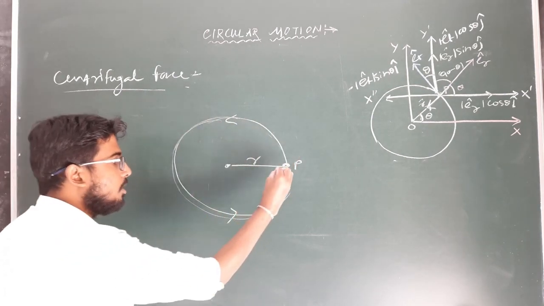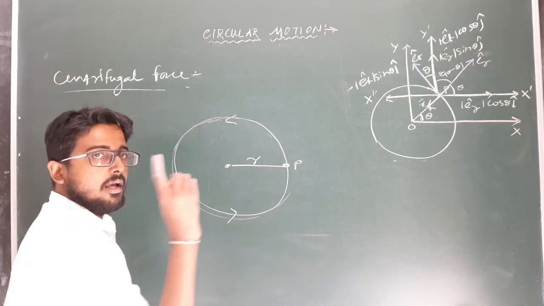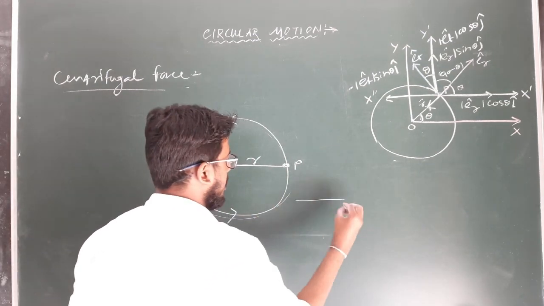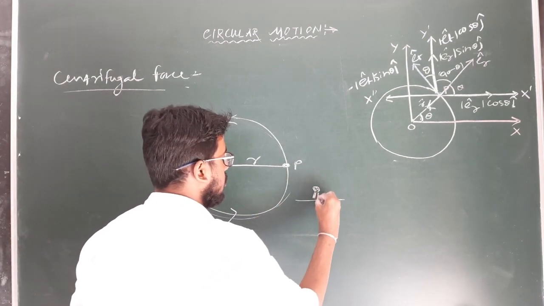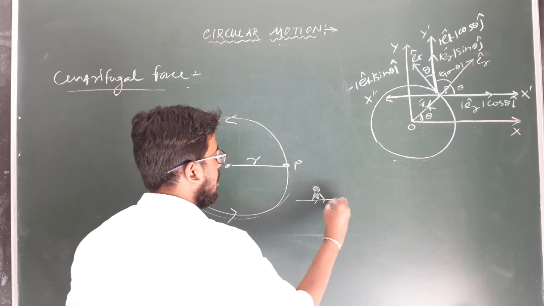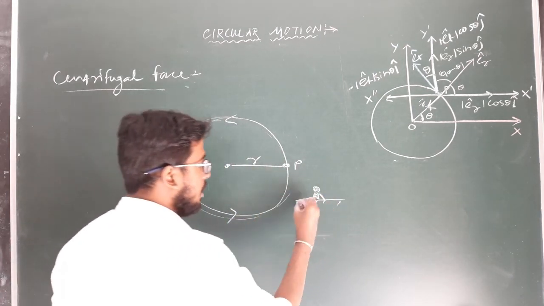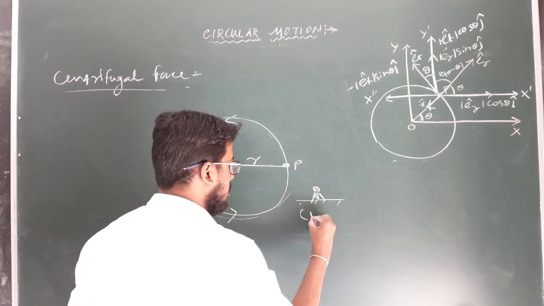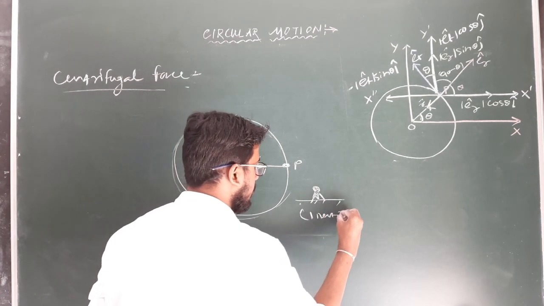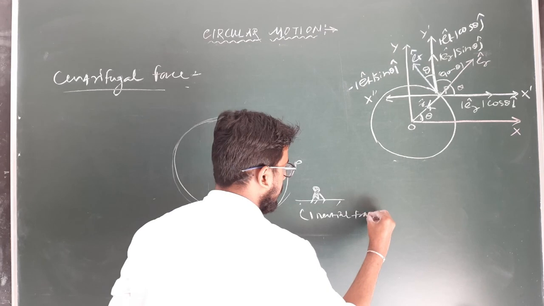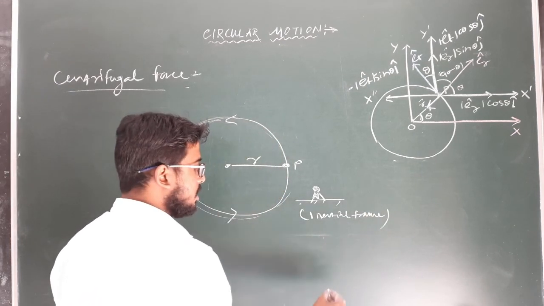So when we observe the motion of this particle from a reference frame which is inertial, if an observer is standing on the ground and observing the circular motion of this particle P, the ground is at rest, so it is an inertial frame. What is an inertial frame?